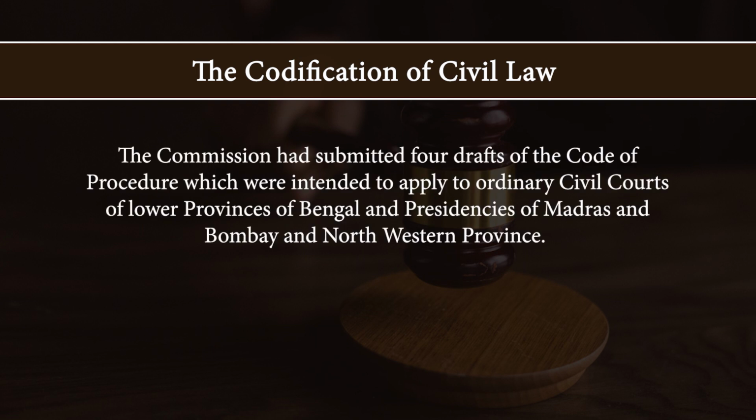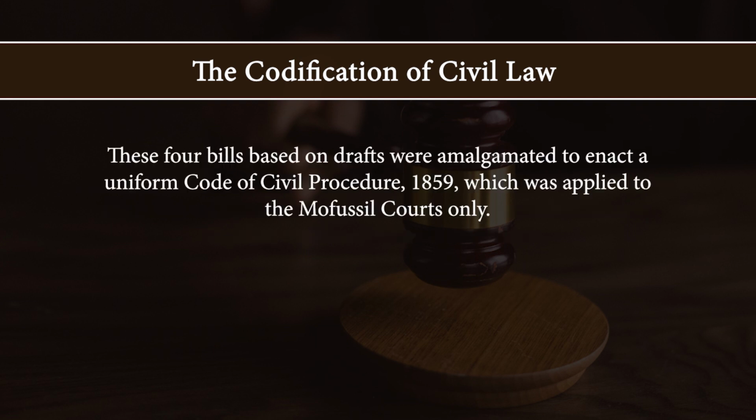The Commission had submitted 4 drafts of the Code of Procedure, which were intended to apply the ordinary civil law to the lower provinces of Bengal, the presidencies of Madras and Bombay, and the northwestern provinces. These 4 bills based on drafts were amalgamated to enact a uniform civil procedure code in 1859, which was applied to the Mofussil courts only.